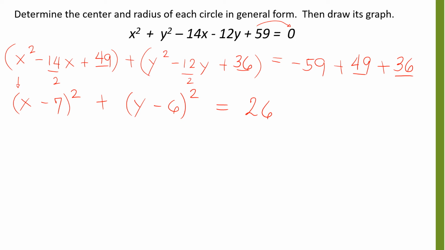I mean the center first. The center is what? x minus h, so that is 7. And then y minus k, that is 6. So our center is at 7, 6, while the radius is simply the square root of 26. Of course, this is our answer again.